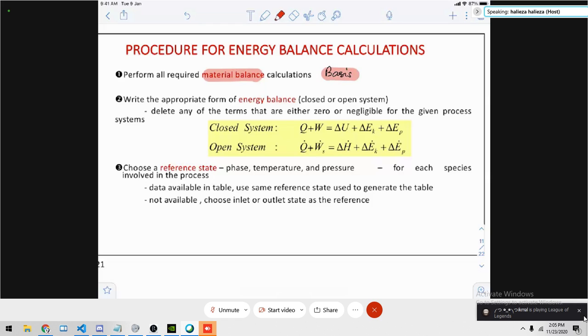You need to write your appropriate energy balance equation. If you're having a closed system, then you have your internal energy. If it's an open system, you have the enthalpy. You just need to know what system you are dealing with. Write the full equation. Do not simplify it yet. After that, before you go to the first step, remember, you need to draw your diagram first.